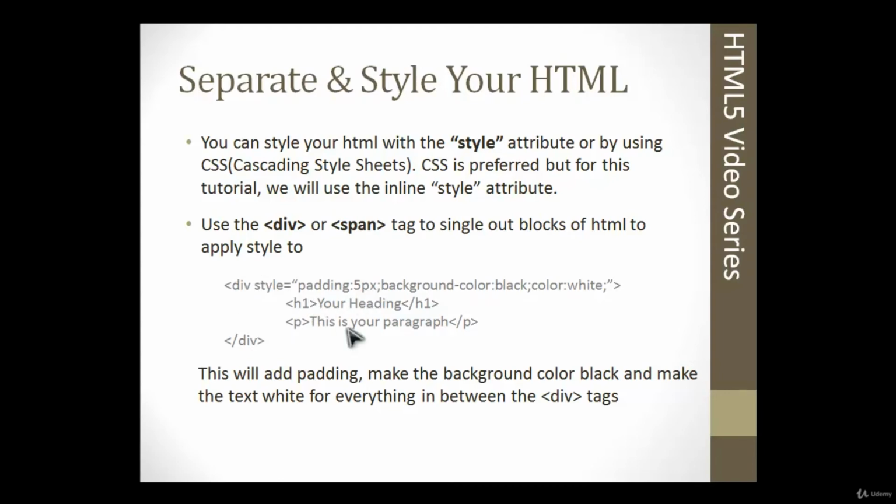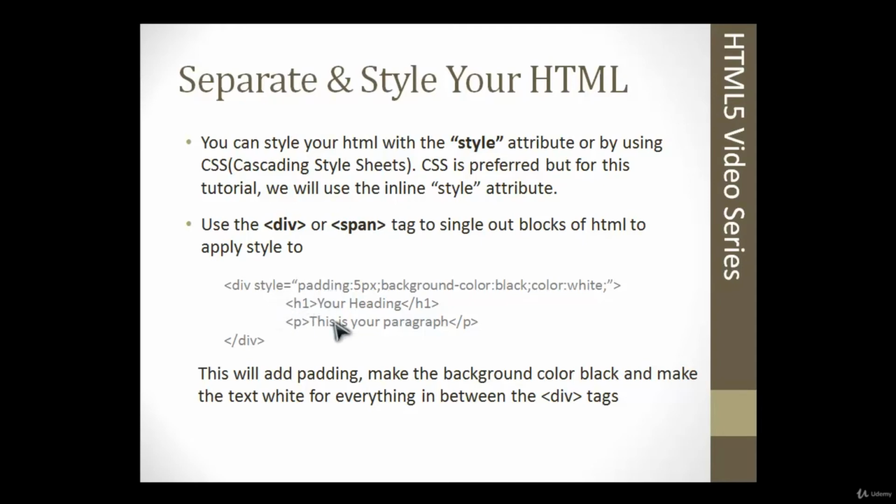What we have here is an H1 heading and a paragraph. Very simple, and it's wrapped in the div tag with padding of 5 pixels, a background color of black, and color of white. So this block right here is going to have a padding of 5 pixels, so it's going to have a space of 5 pixels on each side.